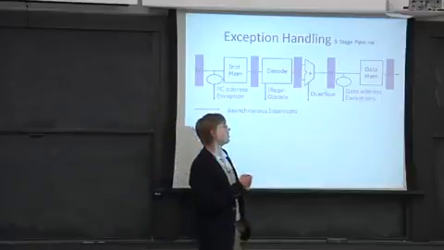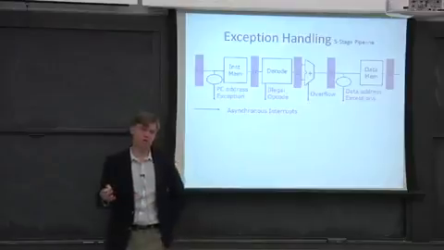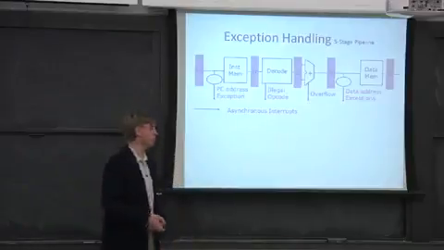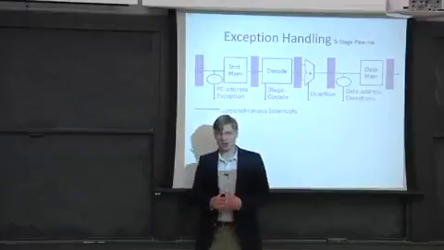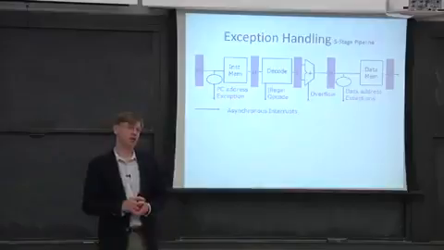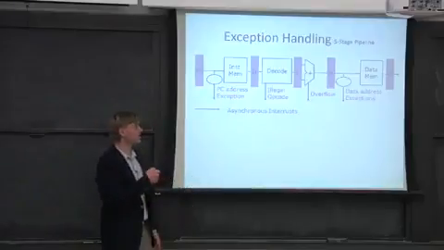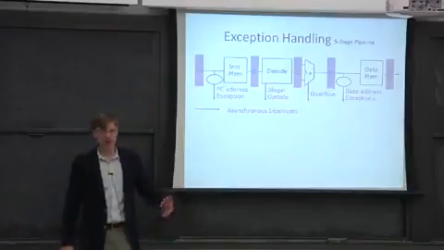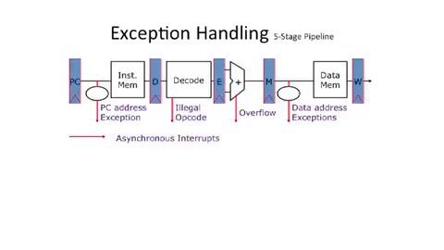If you have a floating point unit here, there's a whole host of floating point exceptions, overflows, underflows, and denormalized sorts of instructions. Data address exceptions could be if you have an unmapped memory address, or you do an unaligned load or store. So basically every stage of your pipe here can be generating some form of interrupt. And then there's also asynchronous interrupts, which we haven't drawn yet.